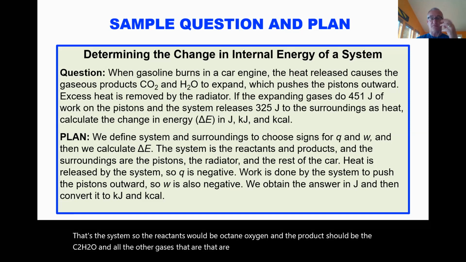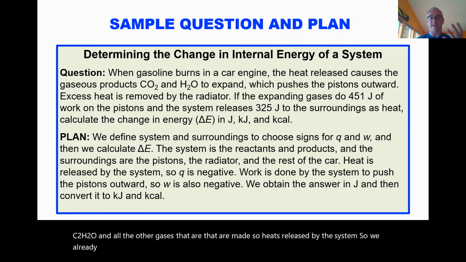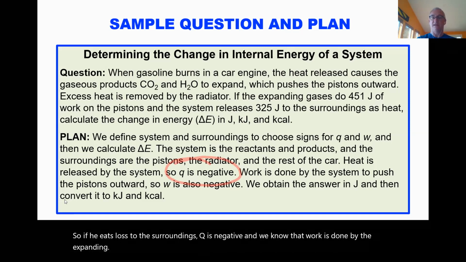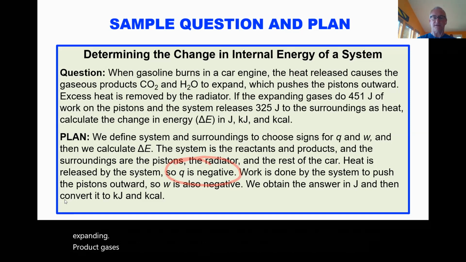So heat is released by the system. We already know what Q is. That's going to be negative. If heat is lost to the surroundings, Q is negative. And we know that work is done by the expanding product gases to push the cylinders and the pistons outward. So W is negative too.